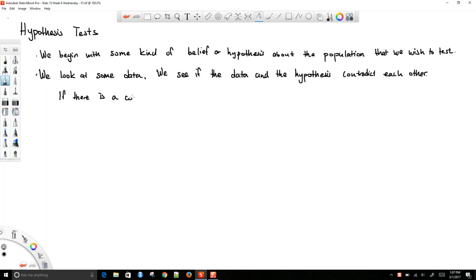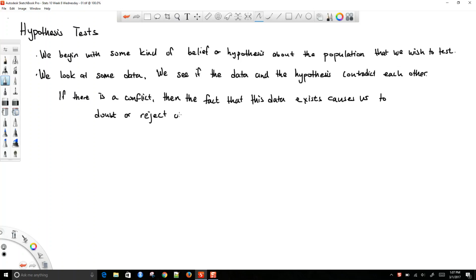If there is a conflict, then the fact that this data exists causes us to doubt or reject our hypothesis or belief.